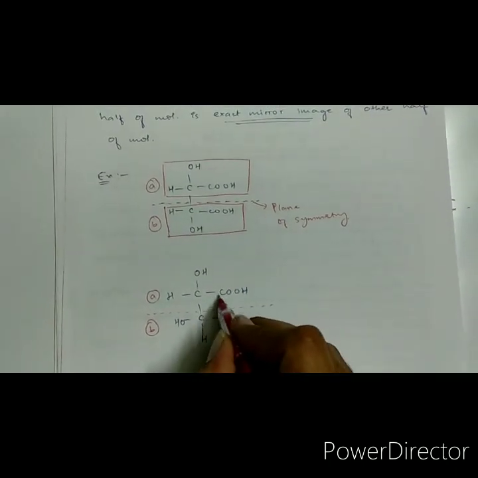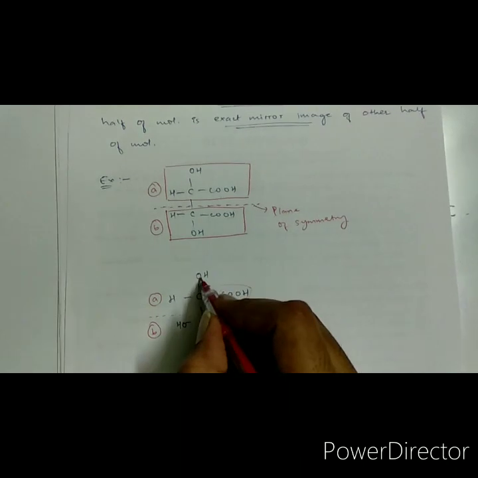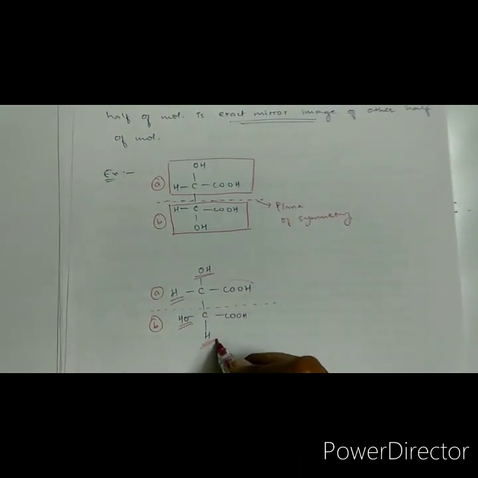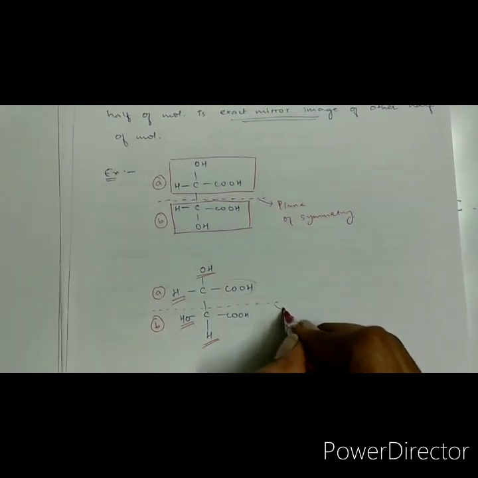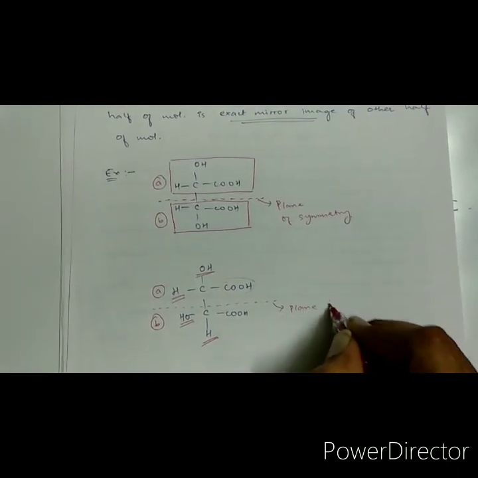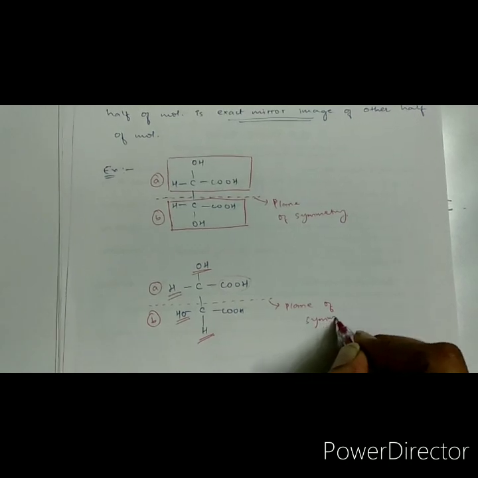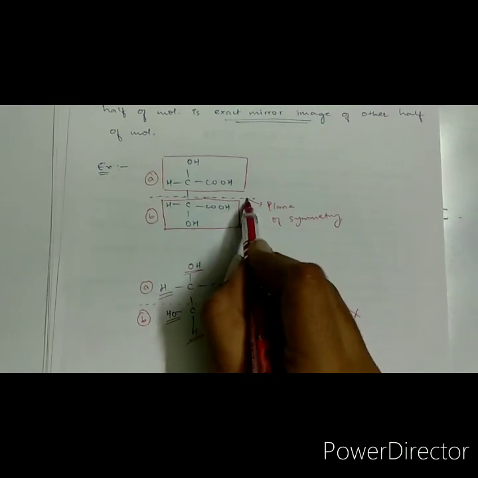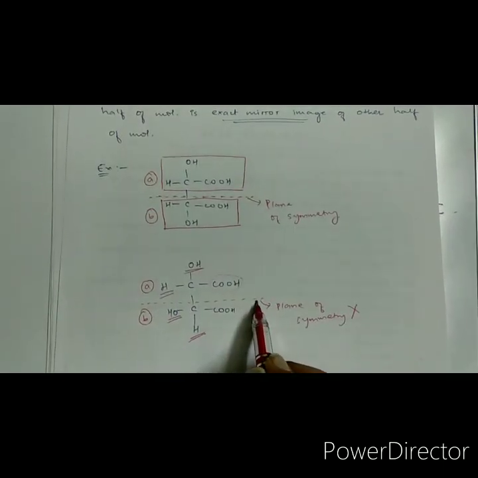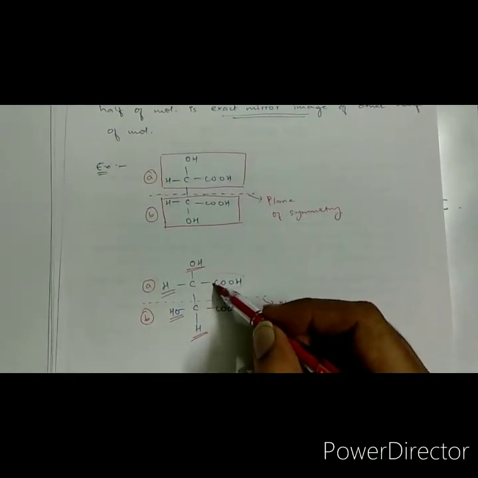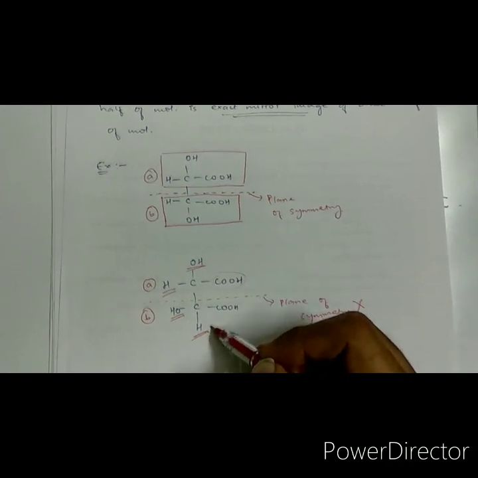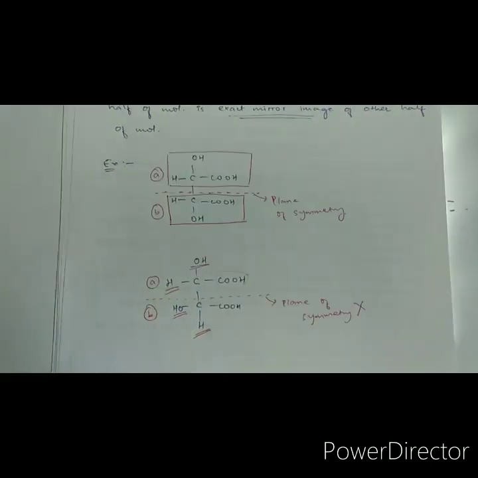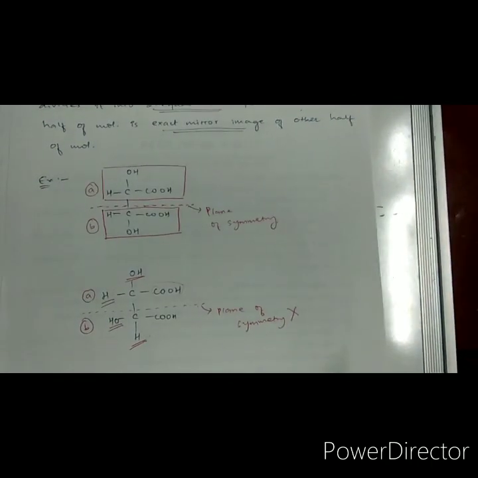You can see that even though the carboxyl is on the same side, the positions of hydroxy and hydrogen are changed. So this is not a plane of symmetry. Here this is a plane of symmetry, while this is not, because one half of the molecule is not the mirror image of the other, while in the first case one half is exactly the mirror image of the other half.